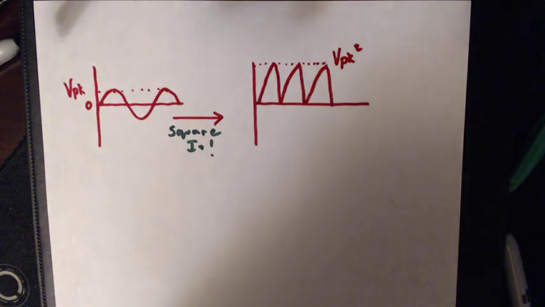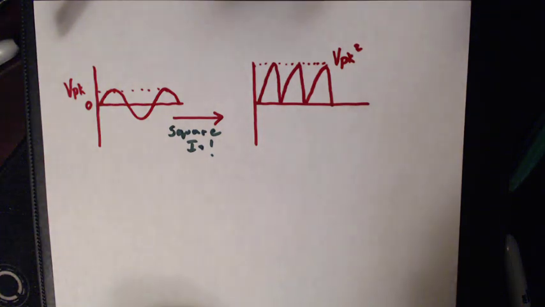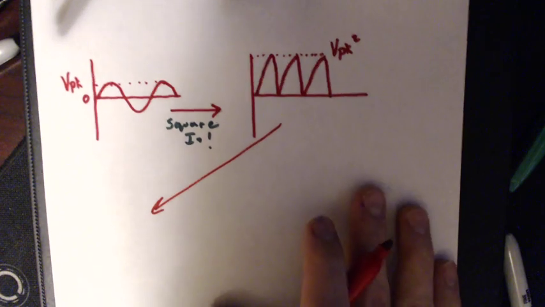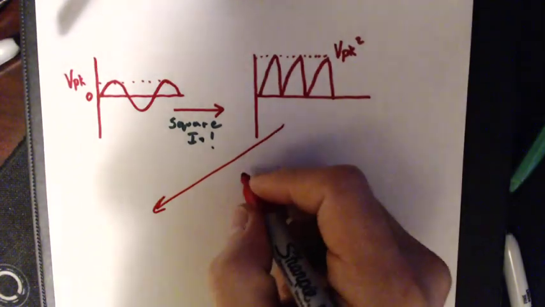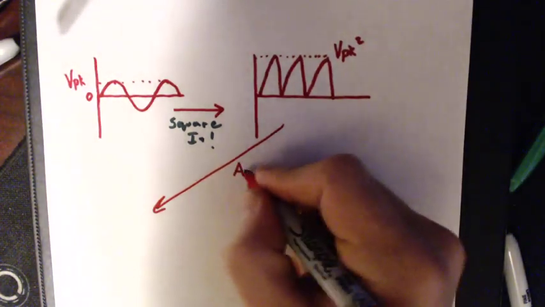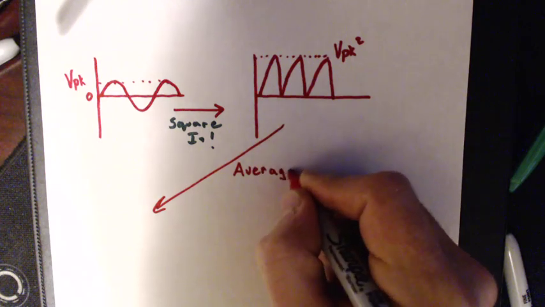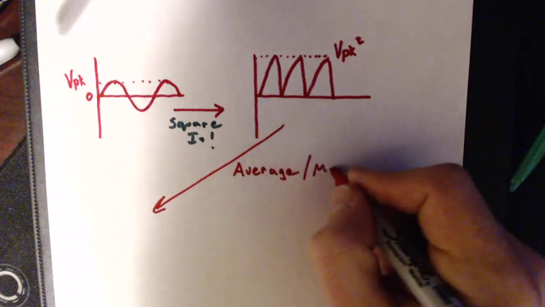All right, next up. How do we take the average of something? We'll just half it. So now we're going to go ahead and average, or mean.